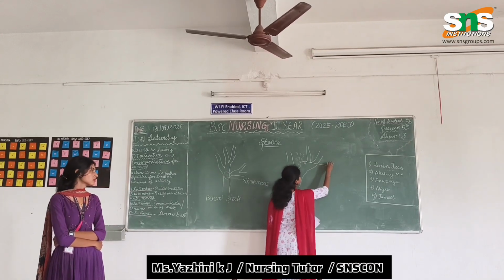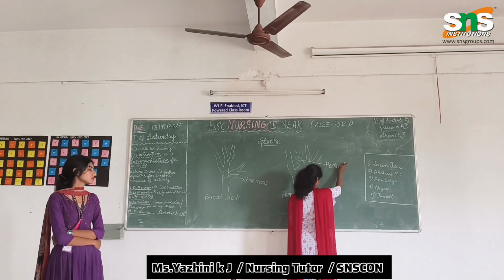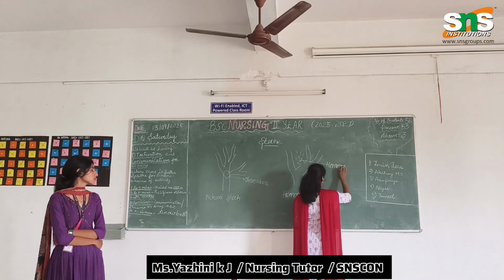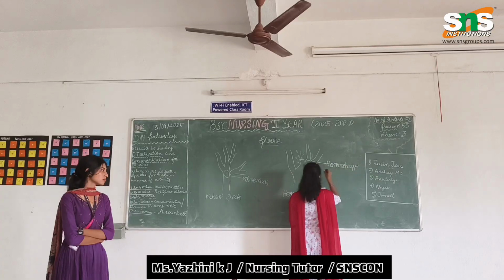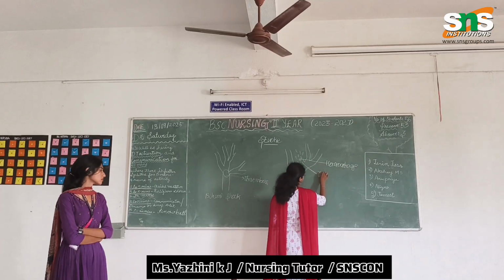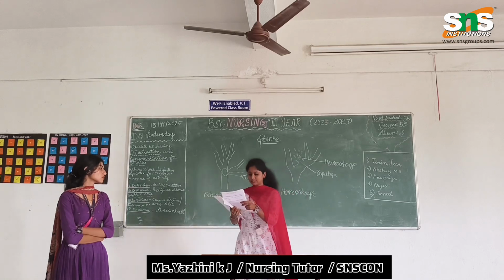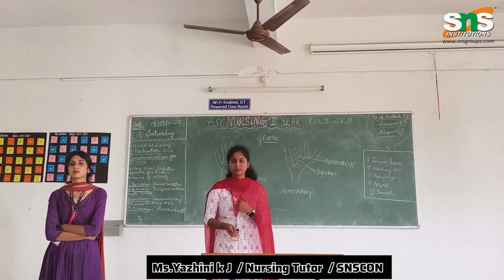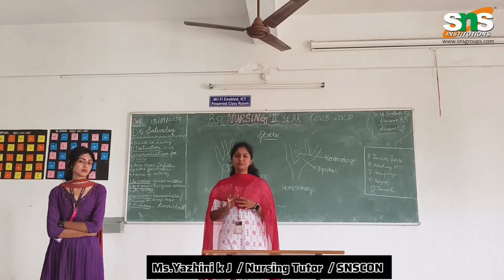Here the hemorrhage occurs, and here the rupture occurs. And the third type of stroke is transient ischemic attack, a temporary blockage, often called a mini stroke.